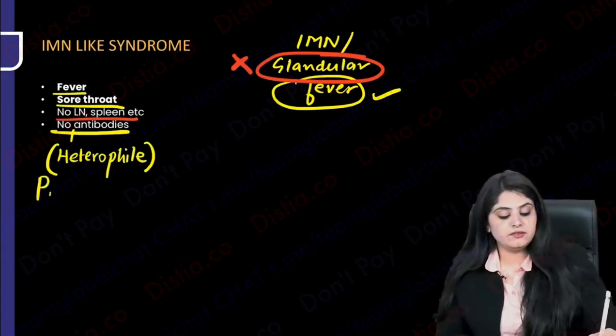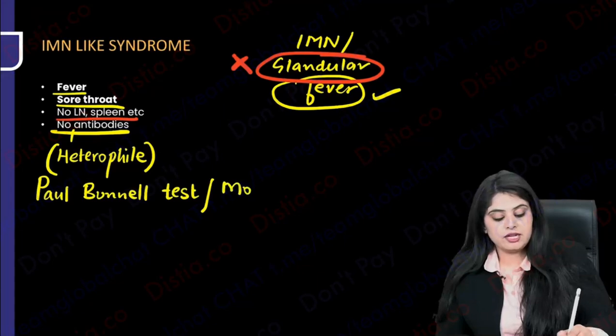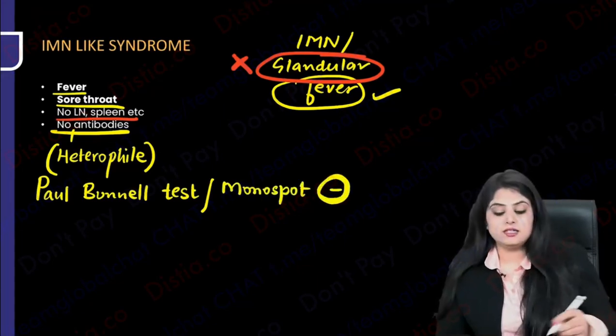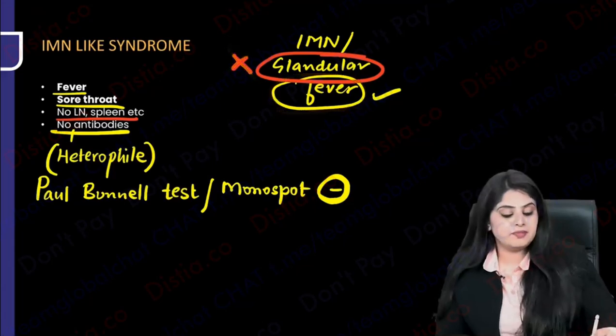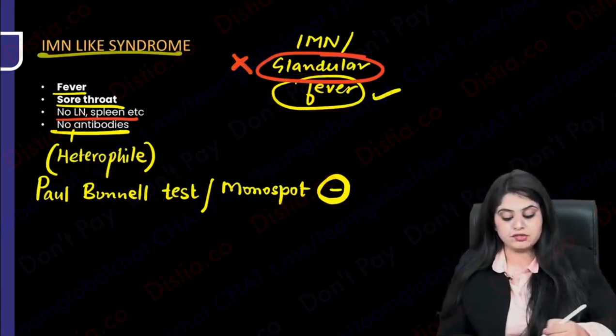Okay, so please note, one very important point written in the paper will be the Paul Bunnell test, or they can write the monospot test, in this situation is going to be negative. So remember, the fever part is there, glandular part is not there, and the heterophile antibodies are not there. That is why it is infectious mononucleosis-like.